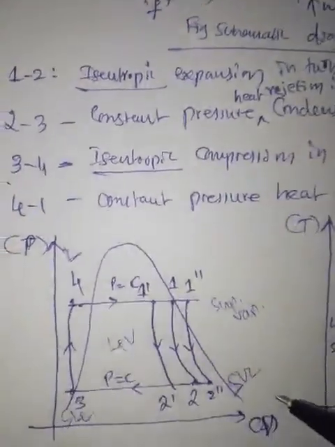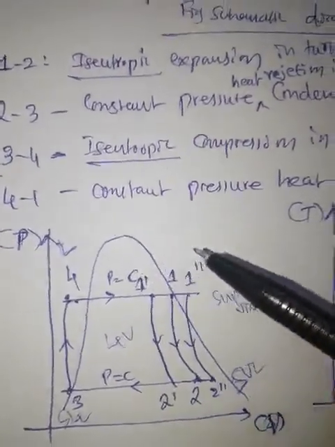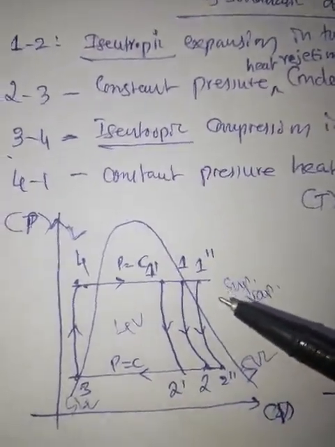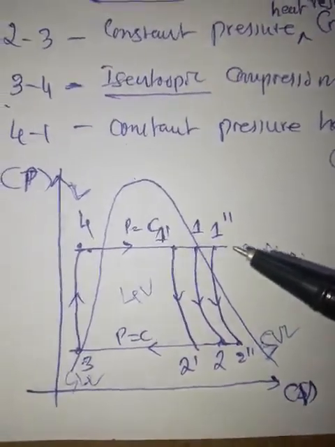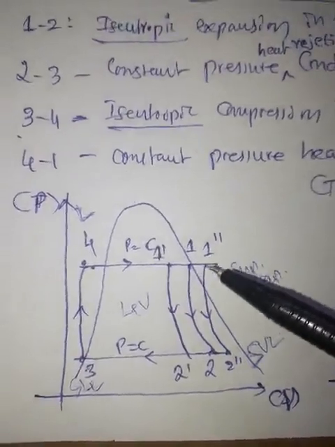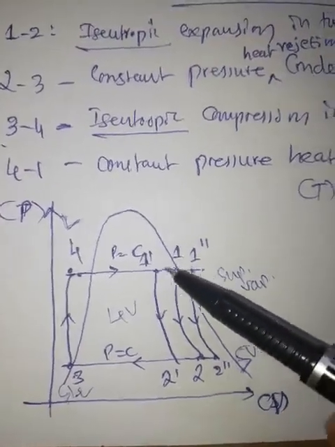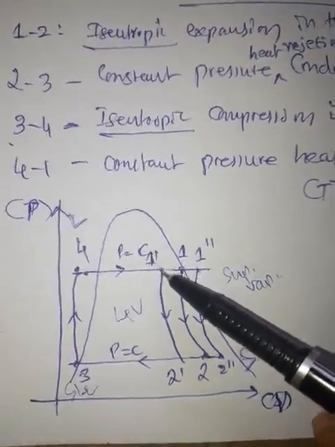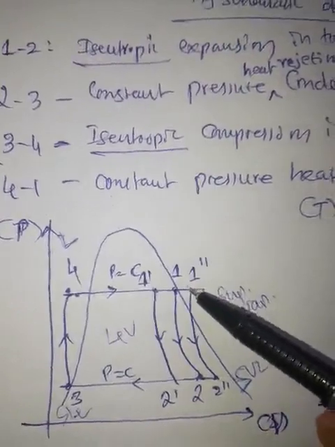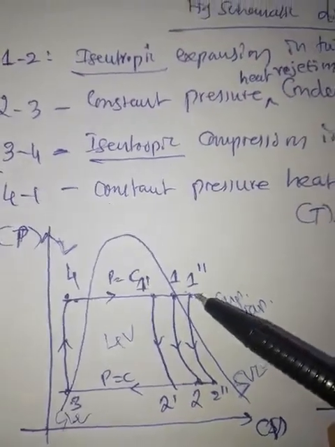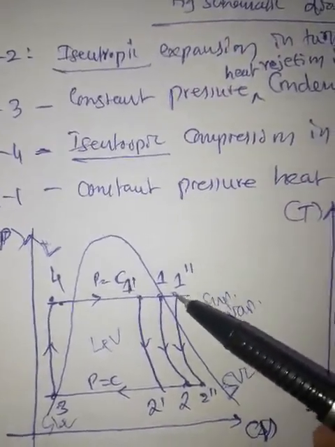If you represent this process on the vapor dome, as we have discussed in the schematic diagram itself, the steam may be in superheated condition, saturated condition, or wet steam at the inlet of the turbine. If it is superheated, I am marking it as state point 1 double dash.